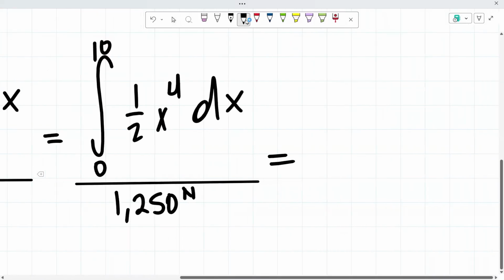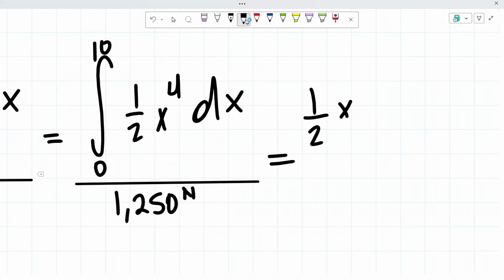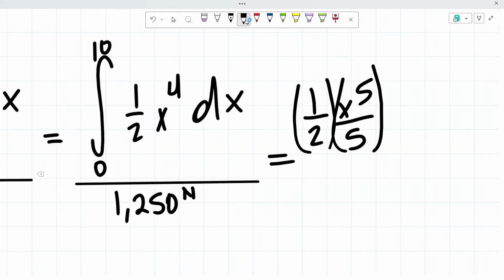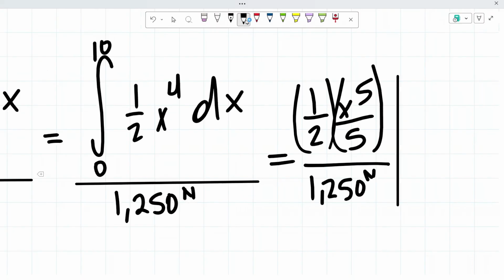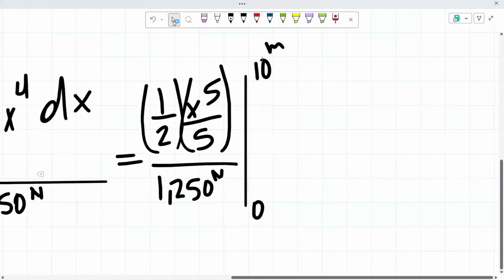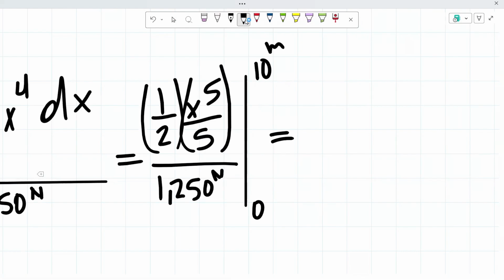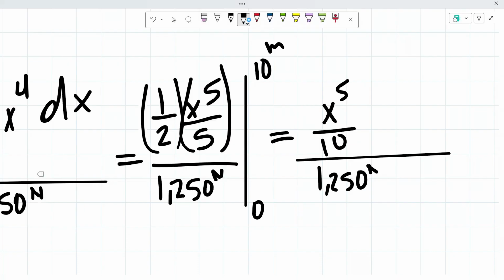If we simplify this, we would end up getting 1/2 x^5 over 5 over 1,250 newtons from 0 to 10 meters. Then if we simplify that down, we would get x^5 over 10 over 1,250 newtons, once again from 0 to 10.